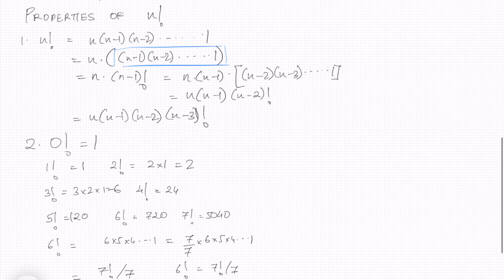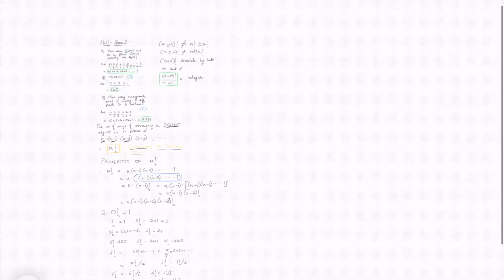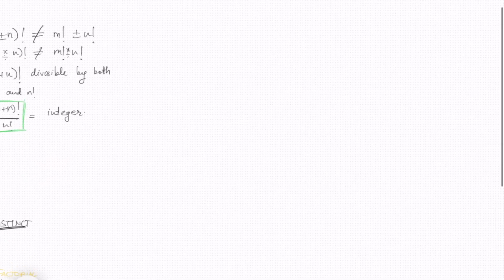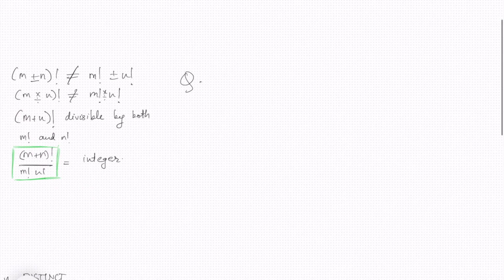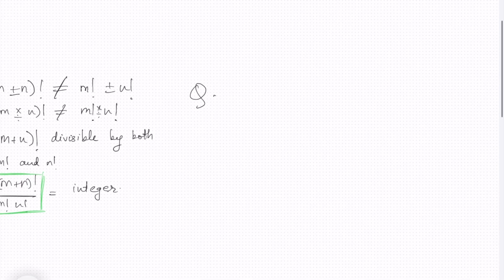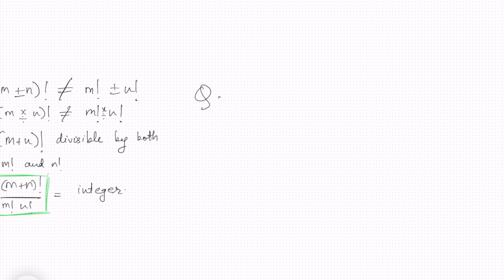So these are some basic properties of factorials, and let's take a few questions which involve some simple mathematical manipulations with factorials, so that it becomes easier to work with them as we move along and solve for actual permutations and combinations. So okay, the first is just simple evaluation of expressions involving factorials.